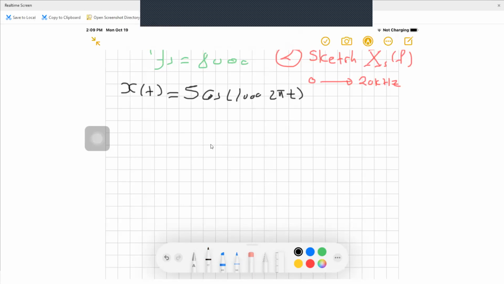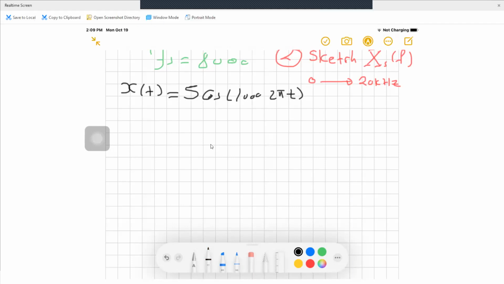One of them lies on the right, the other would lie on the left. Using Euler identity, it will be equal to 5 over 2 multiplied by e to the j 1000 2 pi t plus e to the minus j 1000 2 pi t.